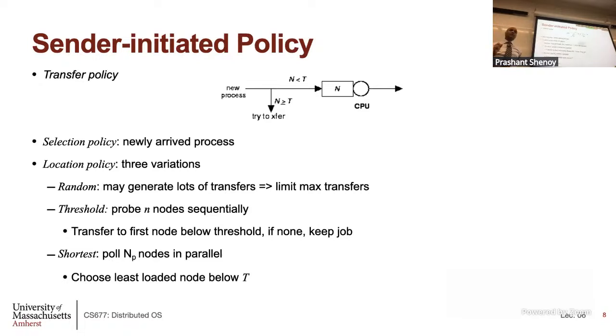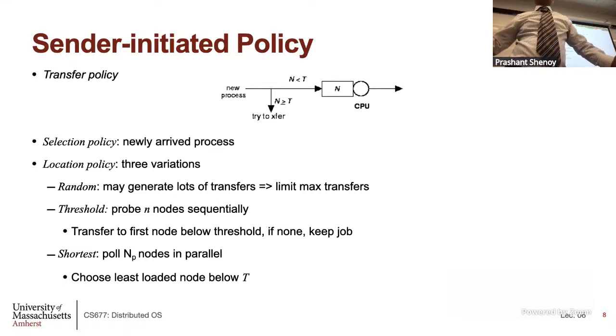Selection policy says whether you prefer to offload a newly arrived job to another machine or one that's already begun execution and has partially executed something. If you have the choice, you would always take a new job and start running it somewhere else, rather than take an existing one and move it, because taking an existing one and moving it is actually complicated.